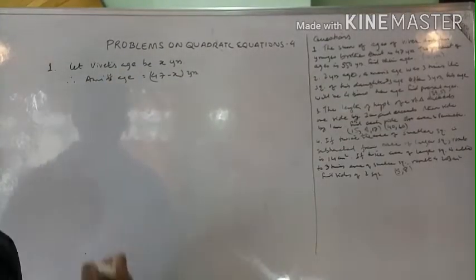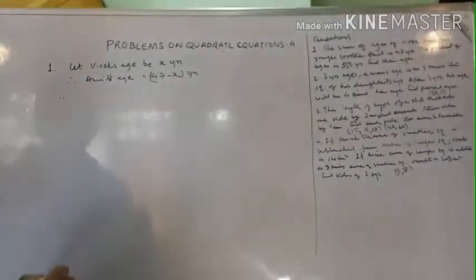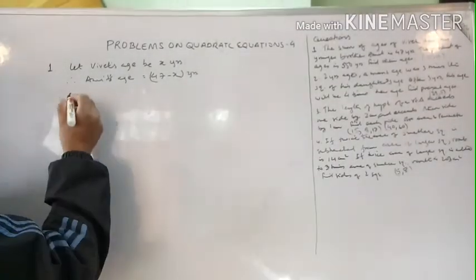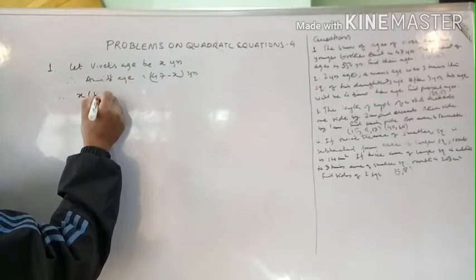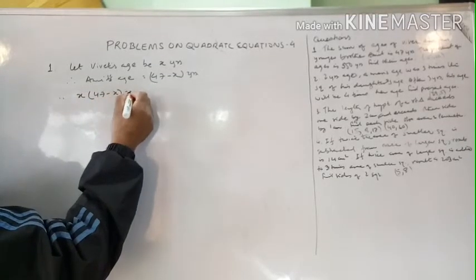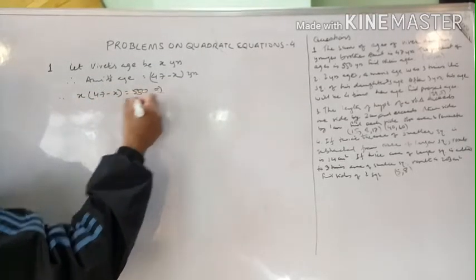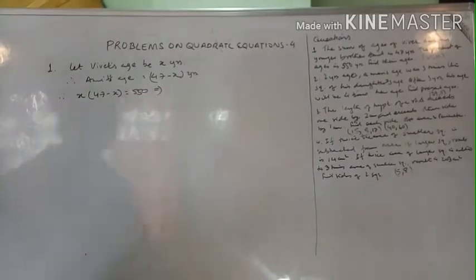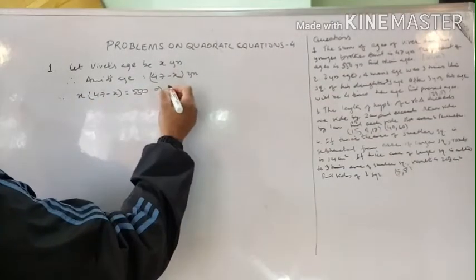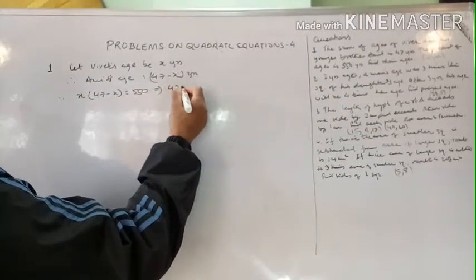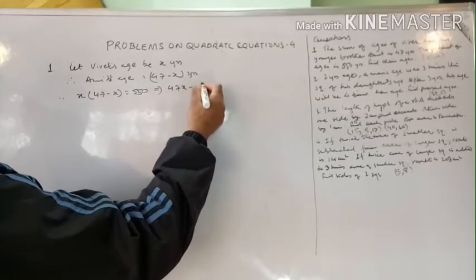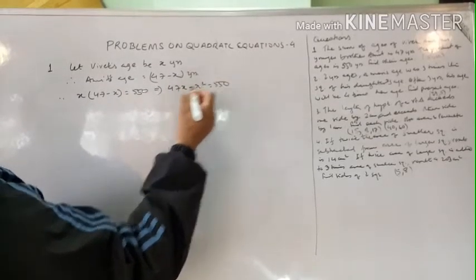Now, the question says that the product of their ages is 550. So x into (47 minus x) equals 550. If you open the bracket, you get 47x minus x square equals 550.